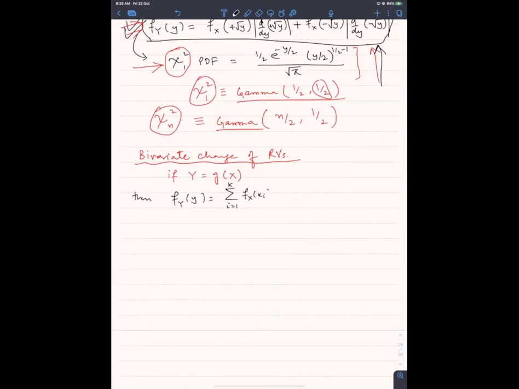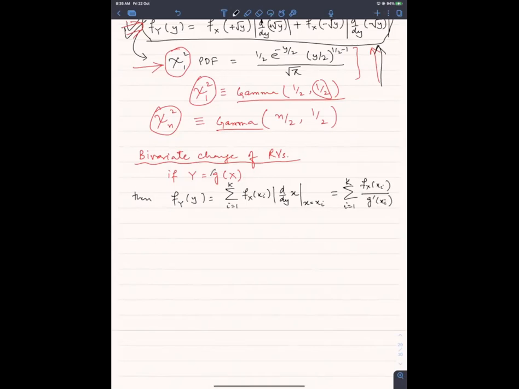fx of xi d by dy of x such that x is equal to xi. या हमने इसको ऐसे भी लिखा था बाय द वे, summation i is equal to 1 to k fx of xi divided by g prime of xi.